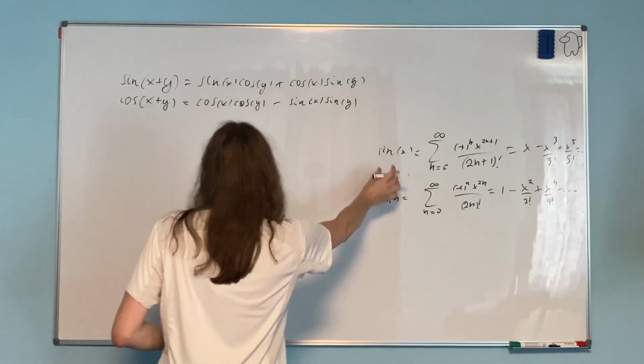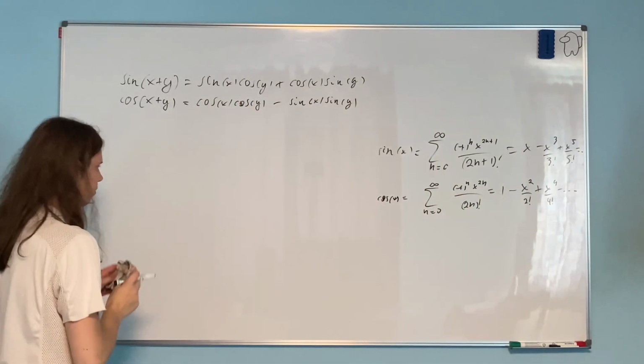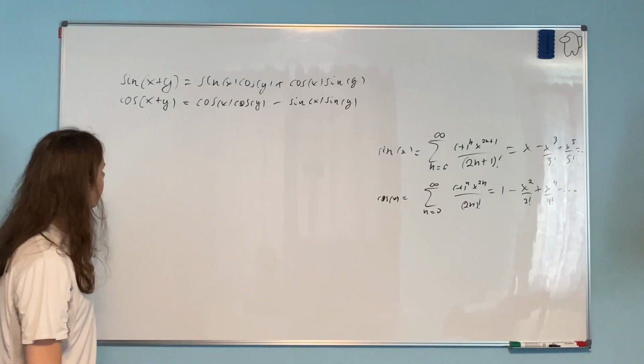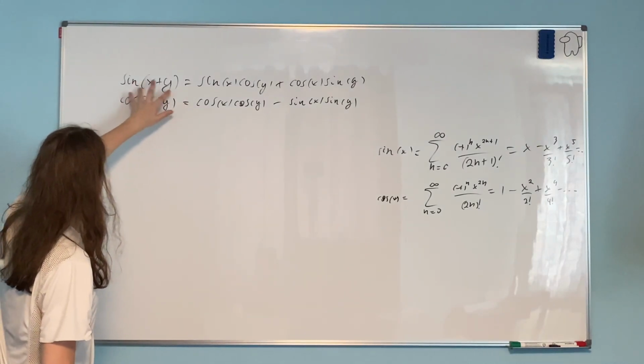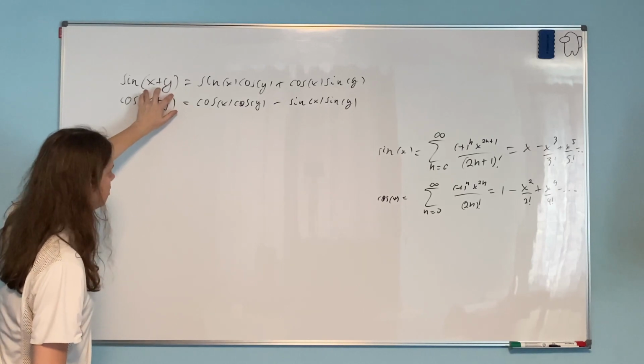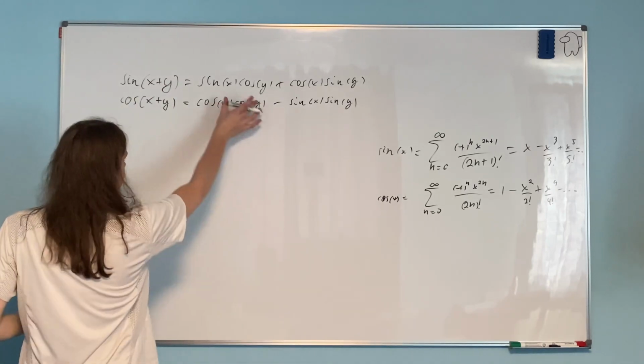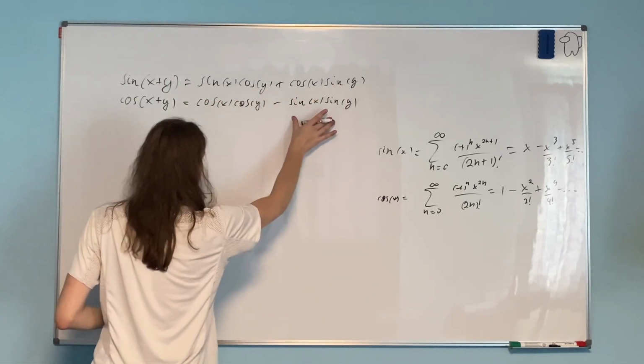So how do we go from this to this? For that, instead of deriving the formula for the angle addition, let's derive separately these product formulas.